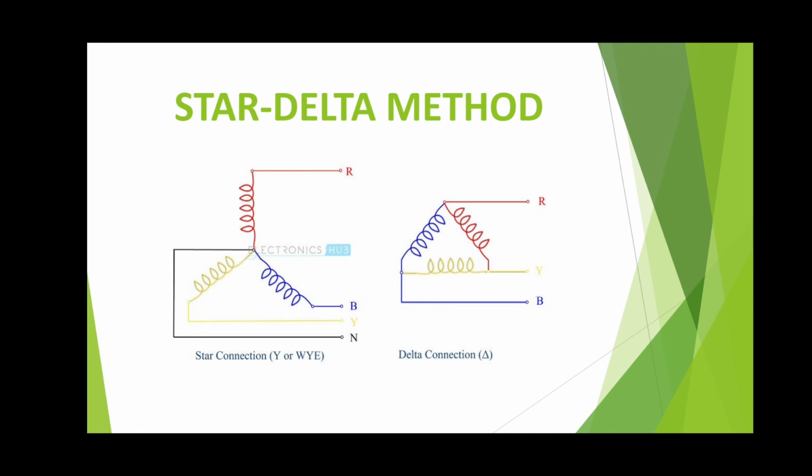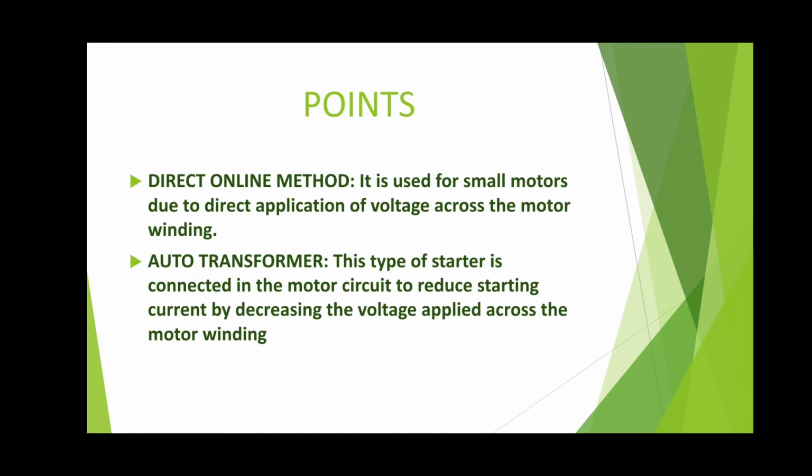Next, we talk about the direct online method. The direct online method is a type of starting used for small motors due to direct application of voltage across the motor winding.